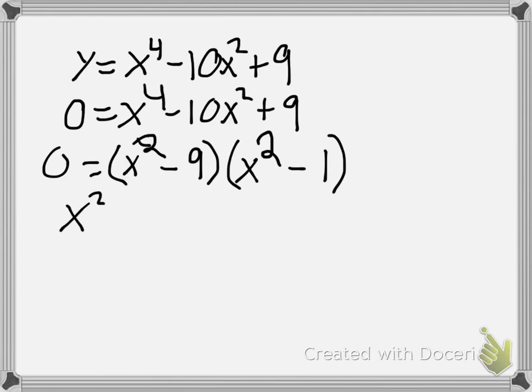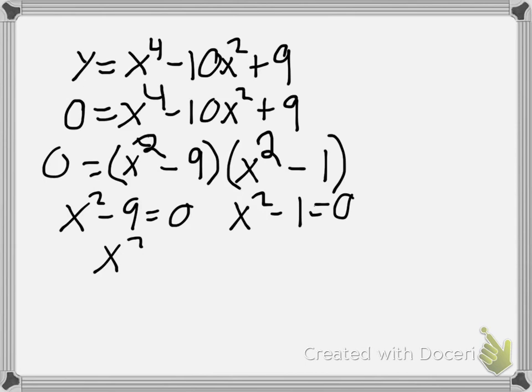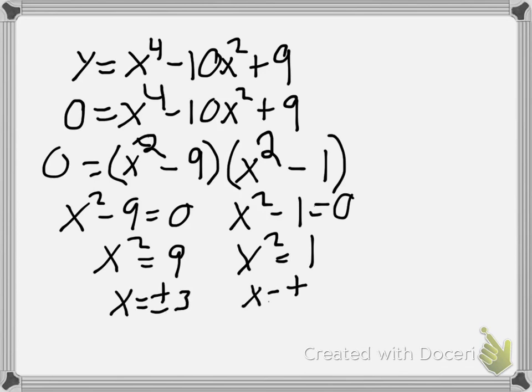X squared minus 9 equals 0. X squared minus 1 equals 0. So I get x squared equals 9. X squared equals 1. And I get x equals plus or minus 3. And x equals plus or minus 1. Some of you couldn't tell me that the square root of 1 is 1. It's a little scary.